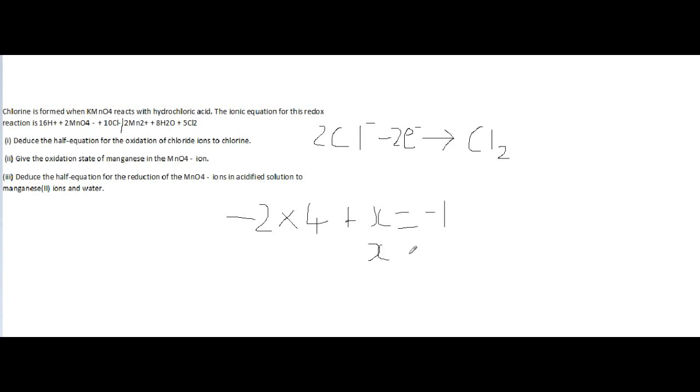So x is equal to negative 1 plus 8. Therefore, x is equal to positive 7. Positive 7 is the answer.